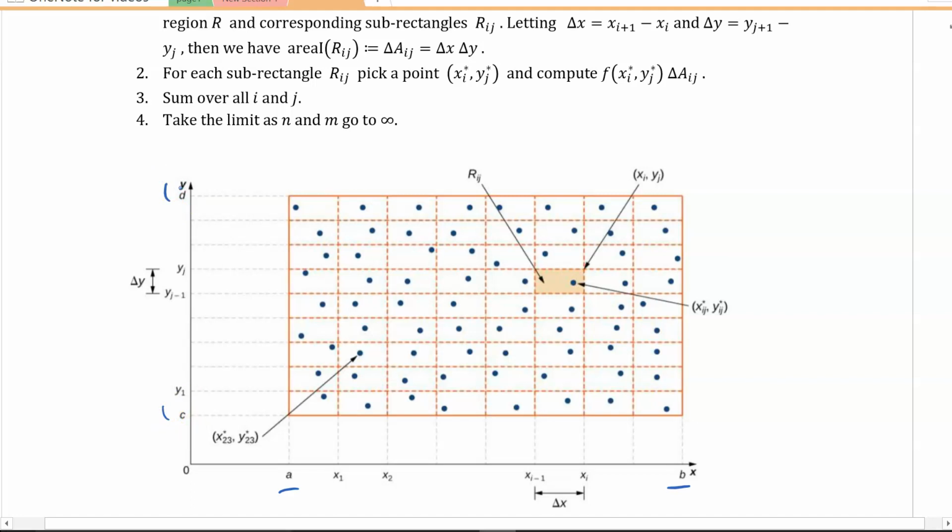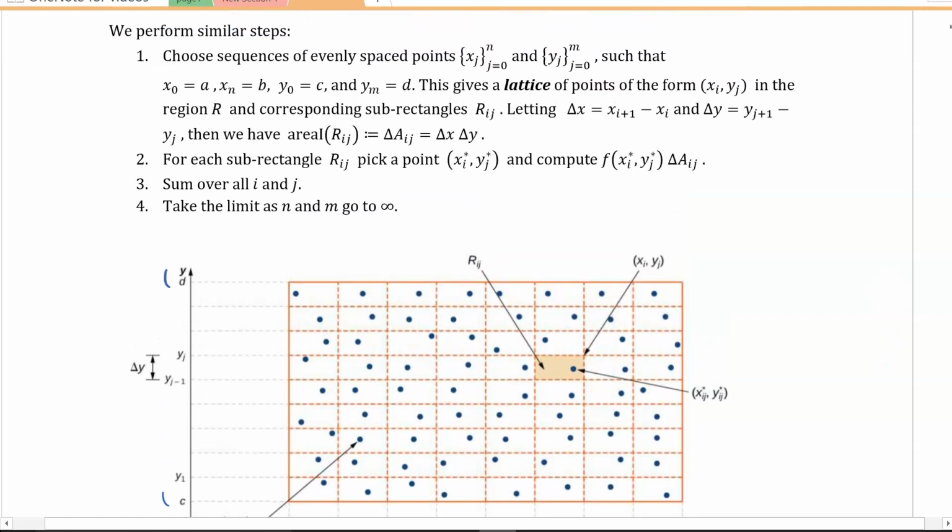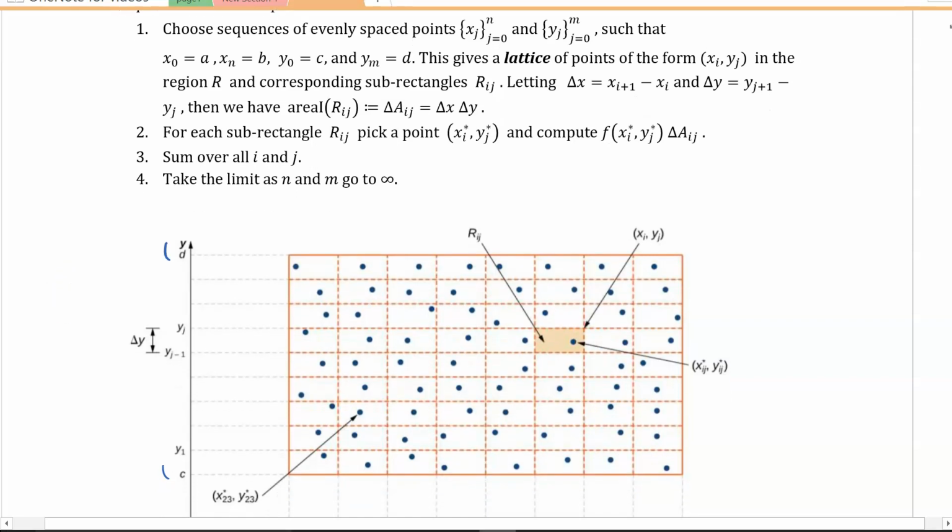That determines that rectangle. All right, so we're going to stay with the main theme of how we set up and define a definite integral. We're going to cut up the region into smaller subregions, in this case subrectangles. If we partition the x-axis and the y-axis, that naturally gives us a lattice of points, and therefore some corresponding subrectangles.